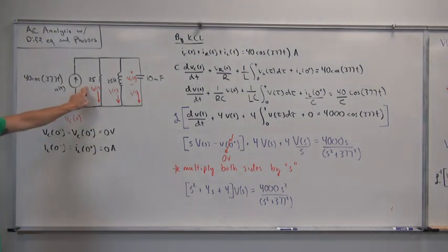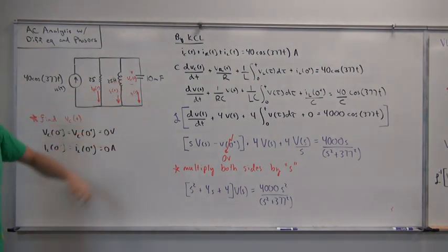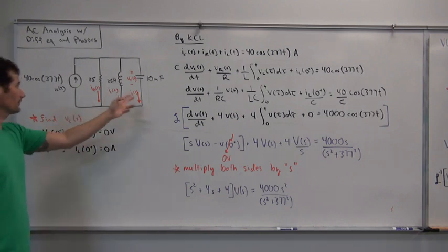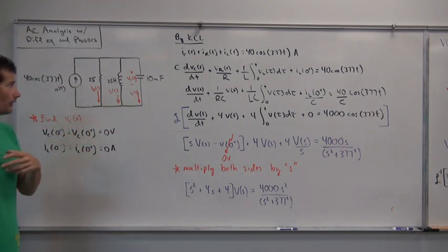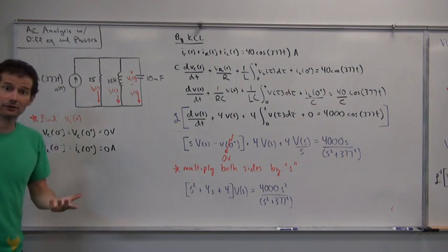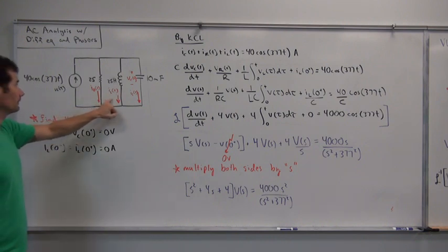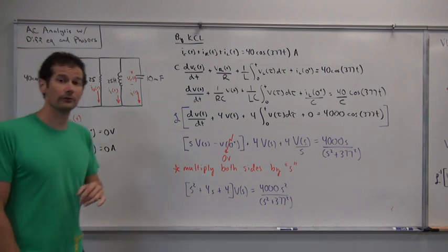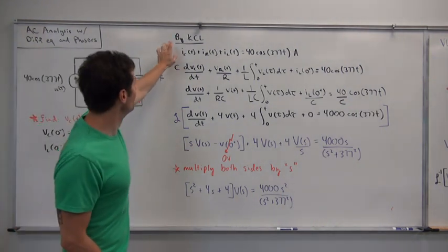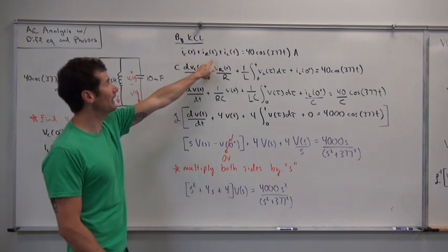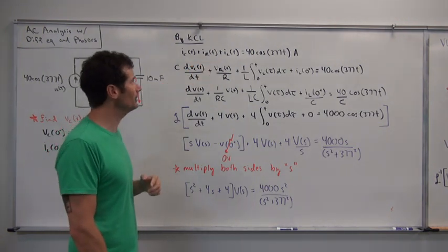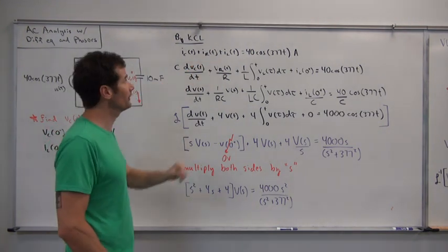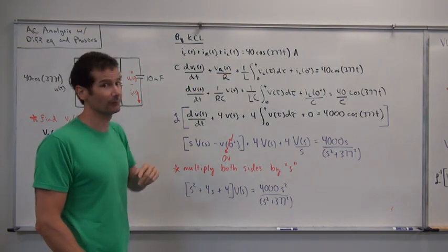So here we've got 25 ohms, 25 henries, and 10 millifarads. We're going to be looking for VC of t, but by KCL, we know that all these elements are in parallel, and so all the currents are going to be different. IR of t is going to be different from IL of t, and also different from IC of t. So simply by KCL, IC of t plus IR of t plus IL of t is equal to 40 cosine 377t amps.